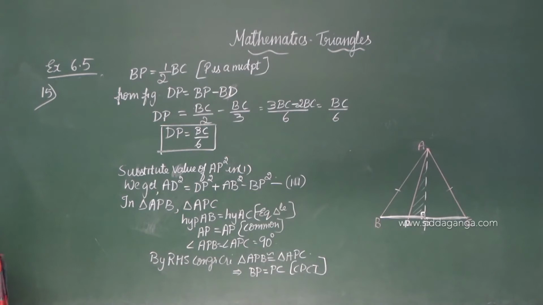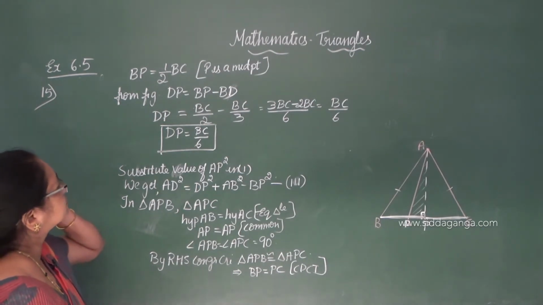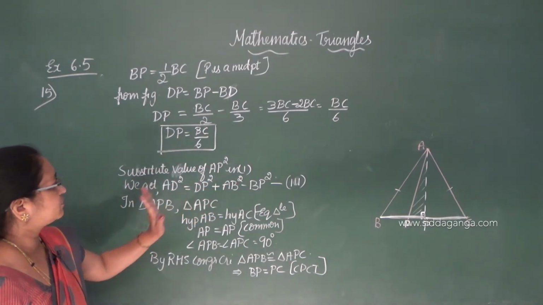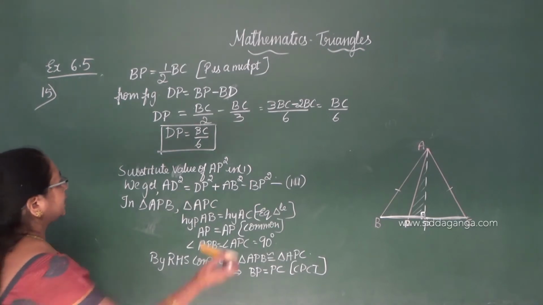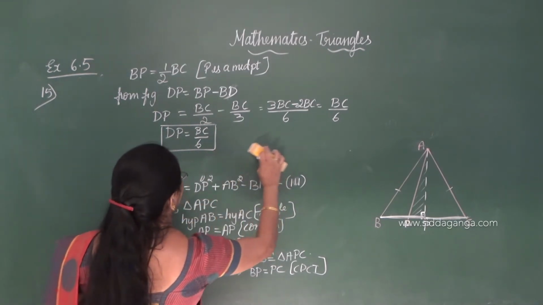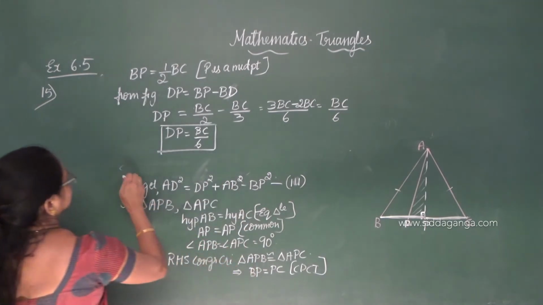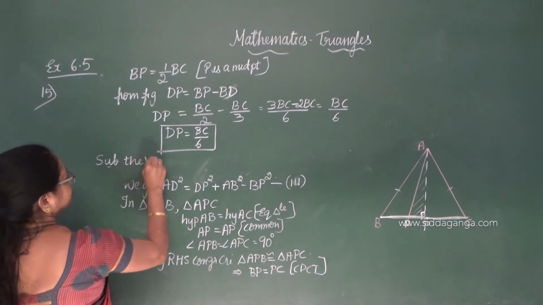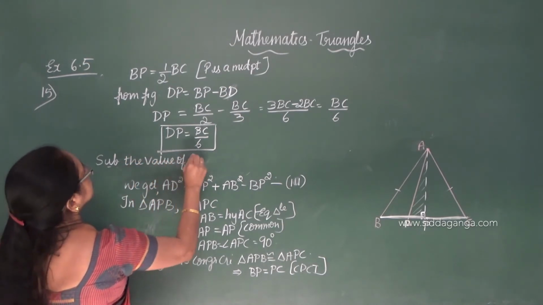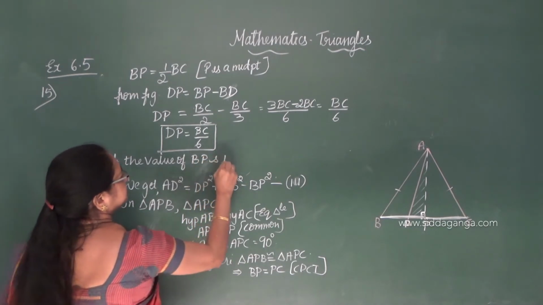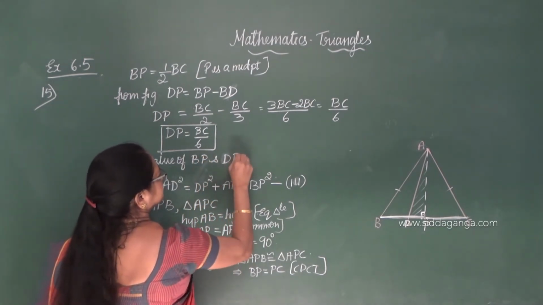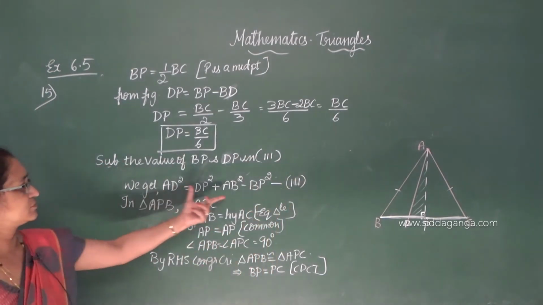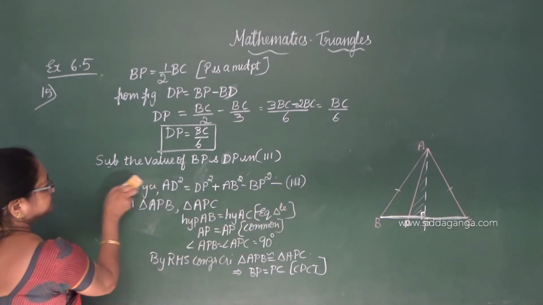Now we have to put the value of BP and DP in this equation, so substituting the values of BP and DP in the third equation.